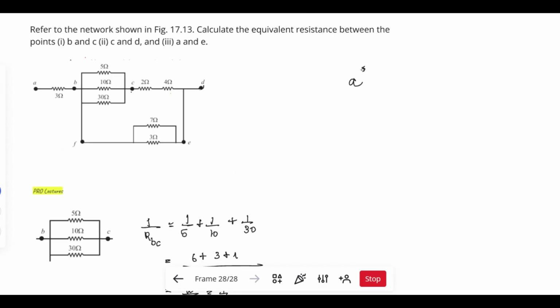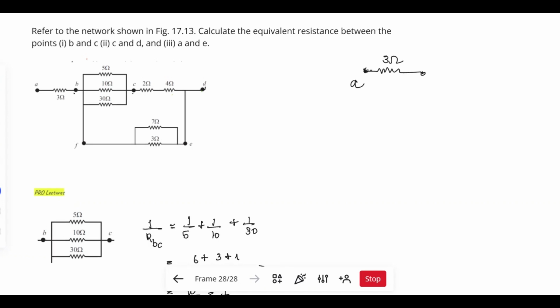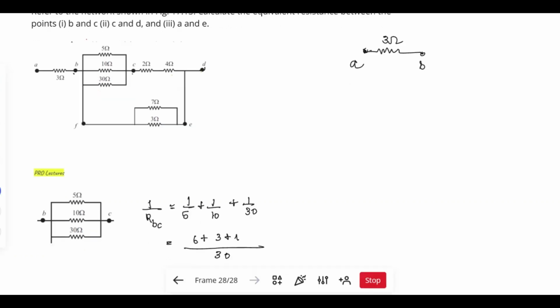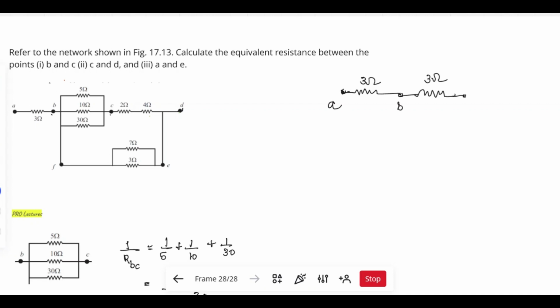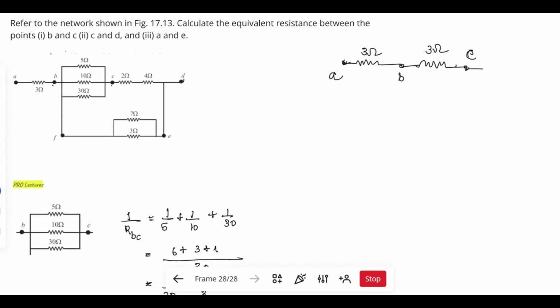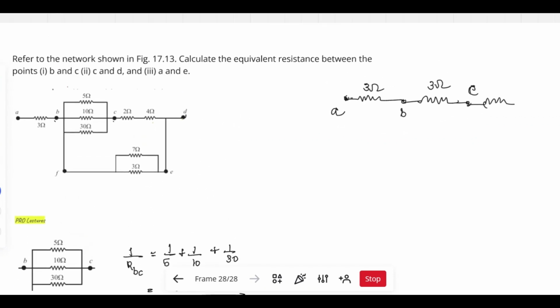Let's redraw this again. Then there is a 3 ohm resistor. Then there is point B. Between point B and C, we found that the resistance is 3 ohm. Now this is point C. Between point C and D we found it to be 6 ohm.